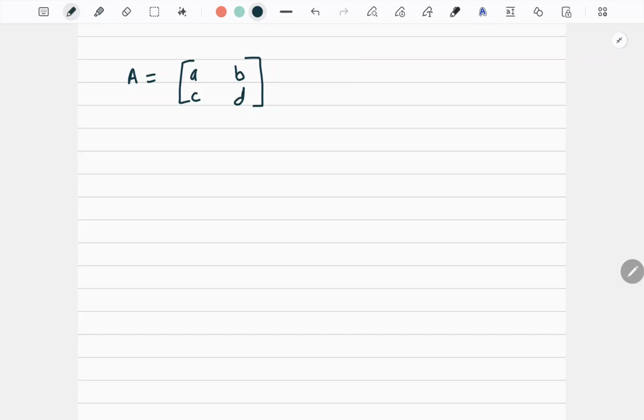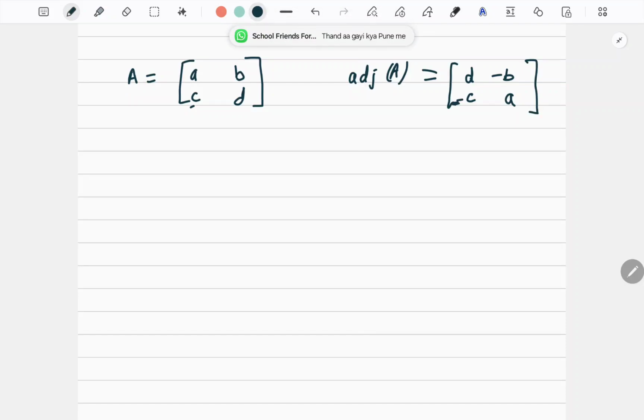But before that, I will tell you a shortcut for the adjoint, useful for inverse. The adjoint of A is equal to: these two diagonal elements are exchanged, so this becomes D, this becomes A. And the other two elements B and C remain the same, but we put a negative sign on them. So this is how I can directly write down the adjoint of any given 2 cross 2 matrix.